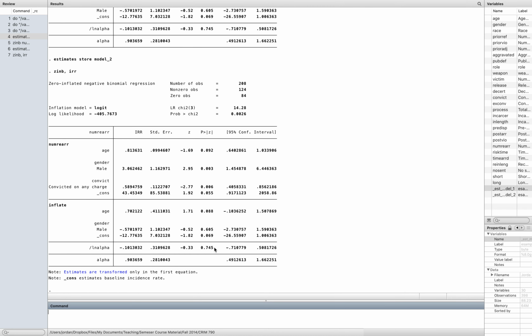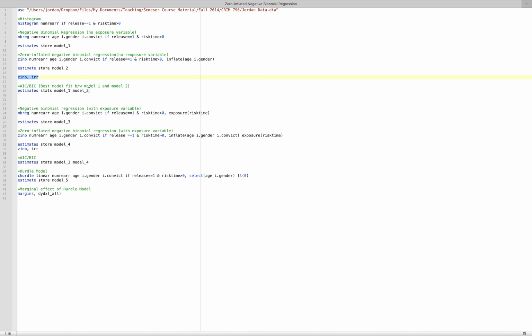So sometimes you got to ask yourself, okay, is a zero-inflated negative binomial regression the best model to run, or a regular negative binomial regression? Which one is the best one to model this data with? Well, there are tests that you can run.